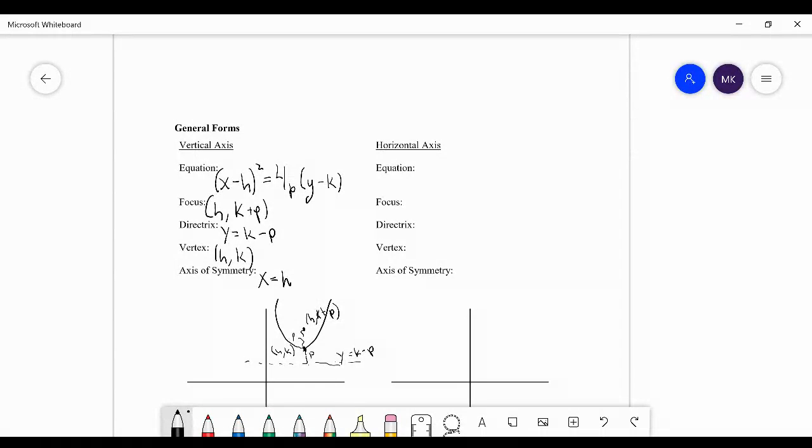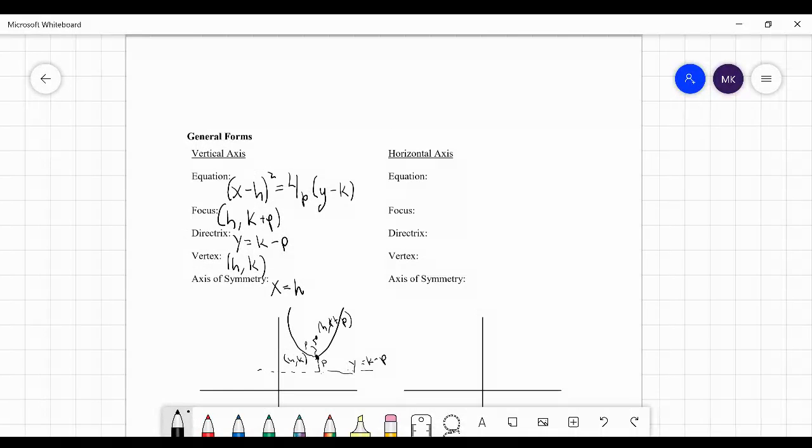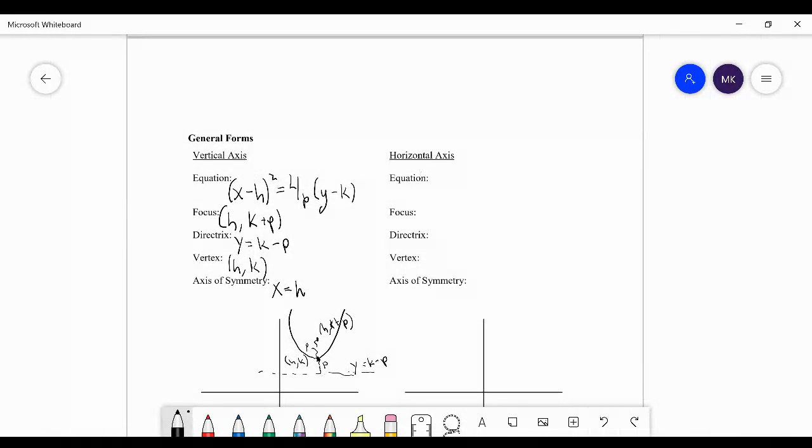And we can do an exactly similar thing for horizontal axis parabolas. Now, remember, the difference between a vertical and a horizontal axis is we're basically flipping our variables. So our general equation for a horizontal axis is simply y minus k squared equals 4p times x minus h.